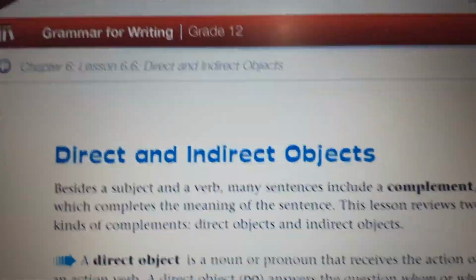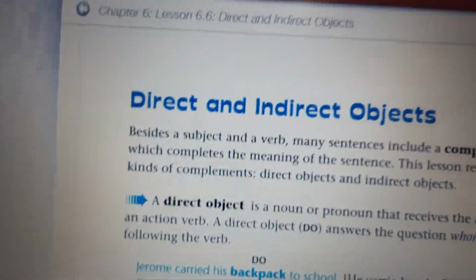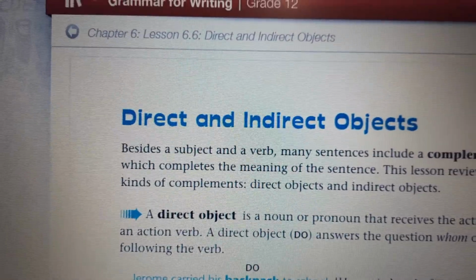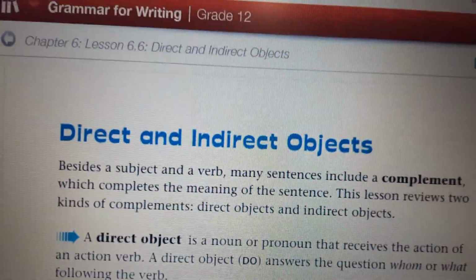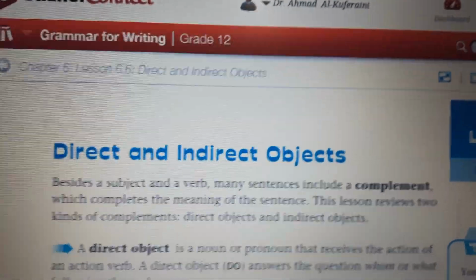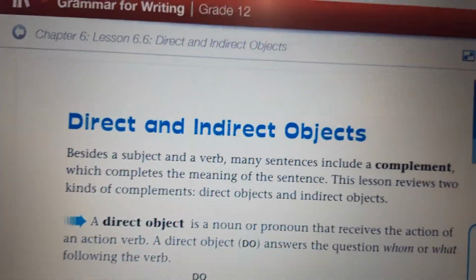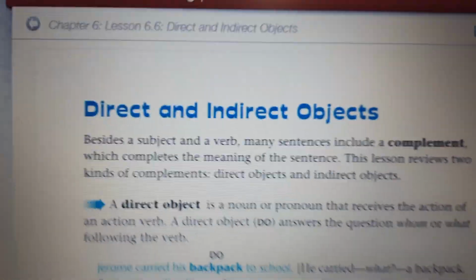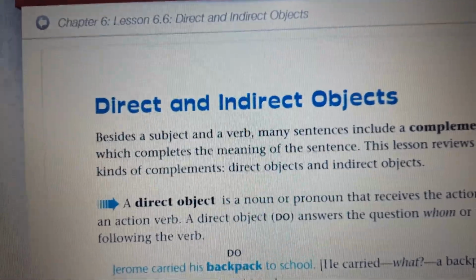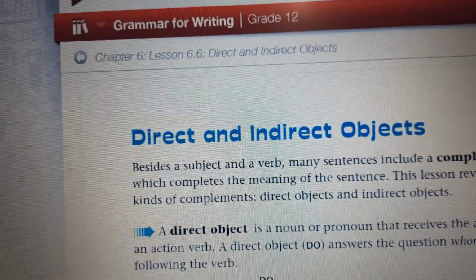Today we're gonna talk about something we call direct and indirect objects. You know how to write a sentence, a complete sentence that expresses a complete thought.